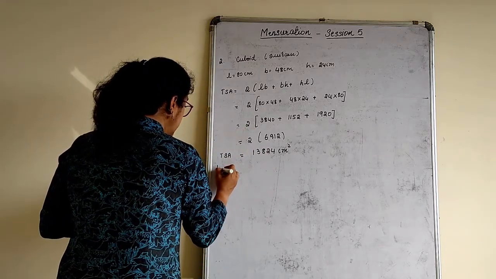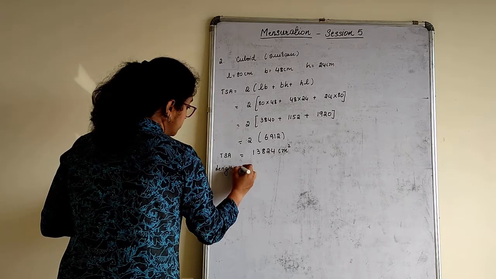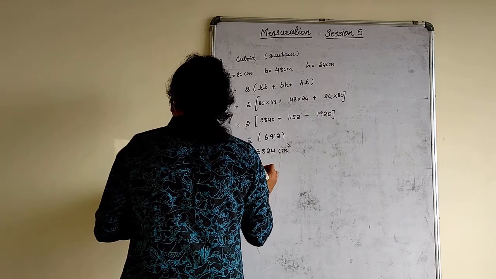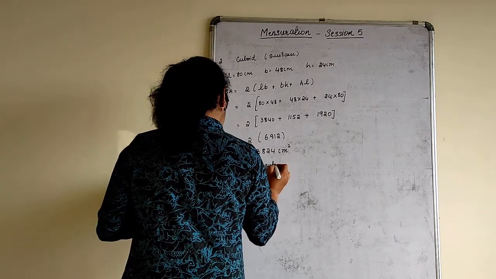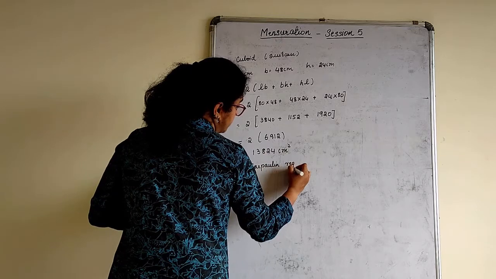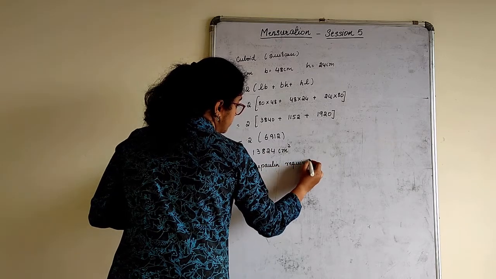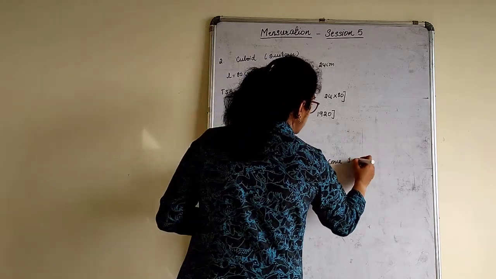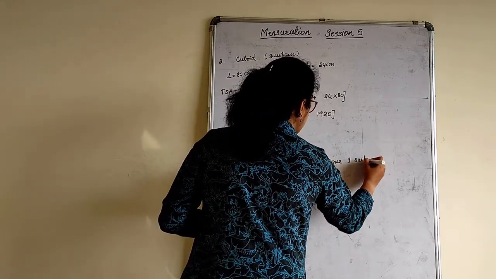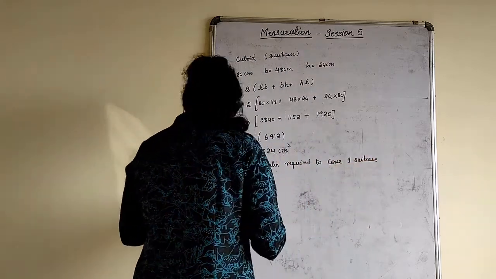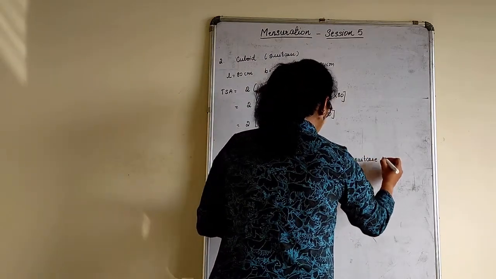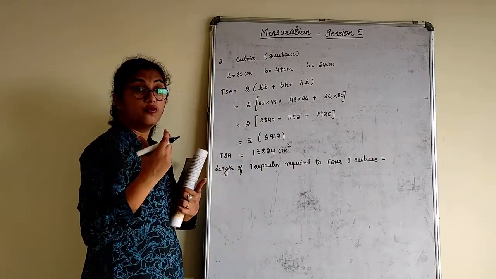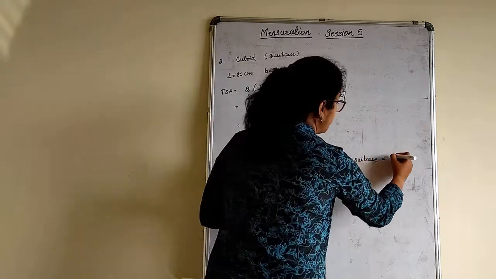Write down. Length of tarpaulin required to cover one suitcase is equal to total surface area of the suitcase divided by width of the tarpaulin, which they have given.